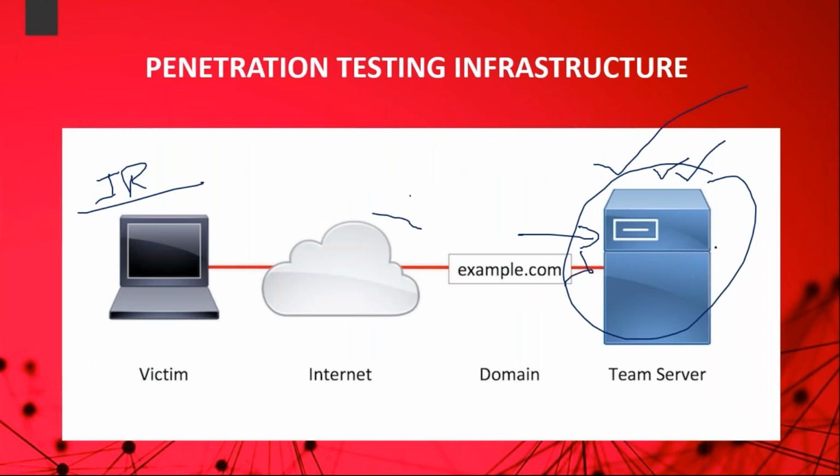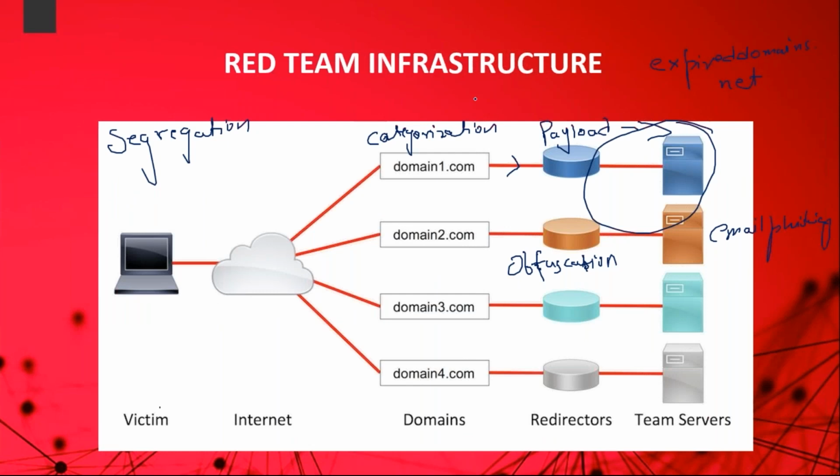Here in pen testing, if this server gets busted, everything is stopped. But here in red team infrastructure, if your payload server stops, your email phishing can still be done, right? And we are listening on some server so that we can get direct connections from the victim, right? So that's what we are trying to do over here.